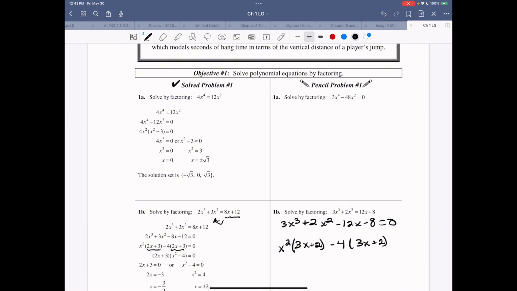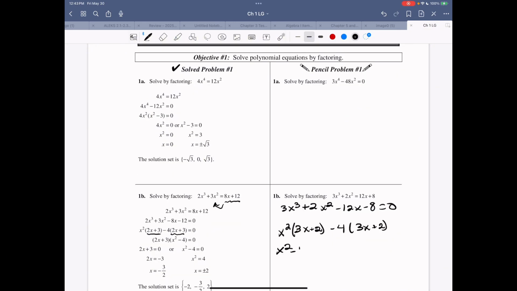And then once you have those, x squared minus 4 equal to 0, and then 3x plus 2 equal to 0. So x squared equals 4. And then x over here is equal to negative 2/3. And this one would be x is equal to plus or minus 2. Yep.